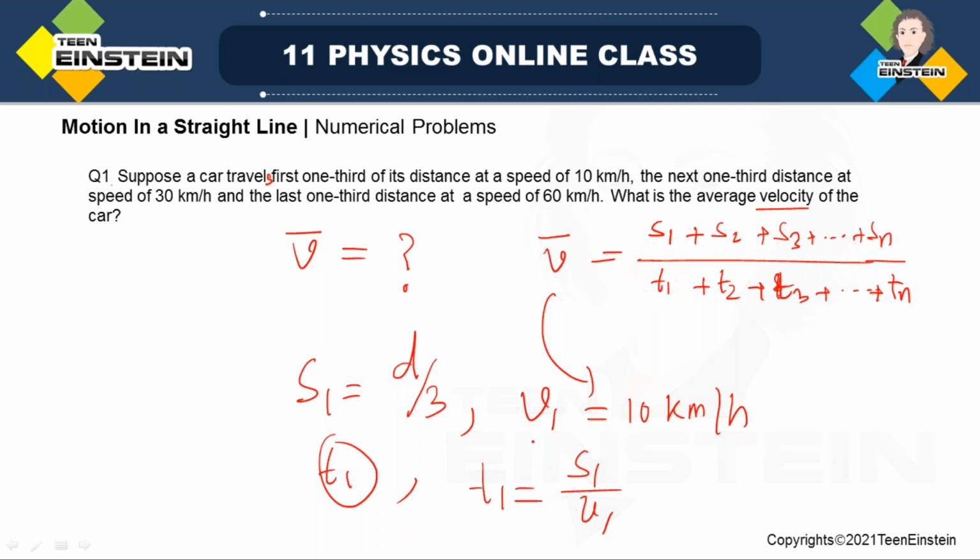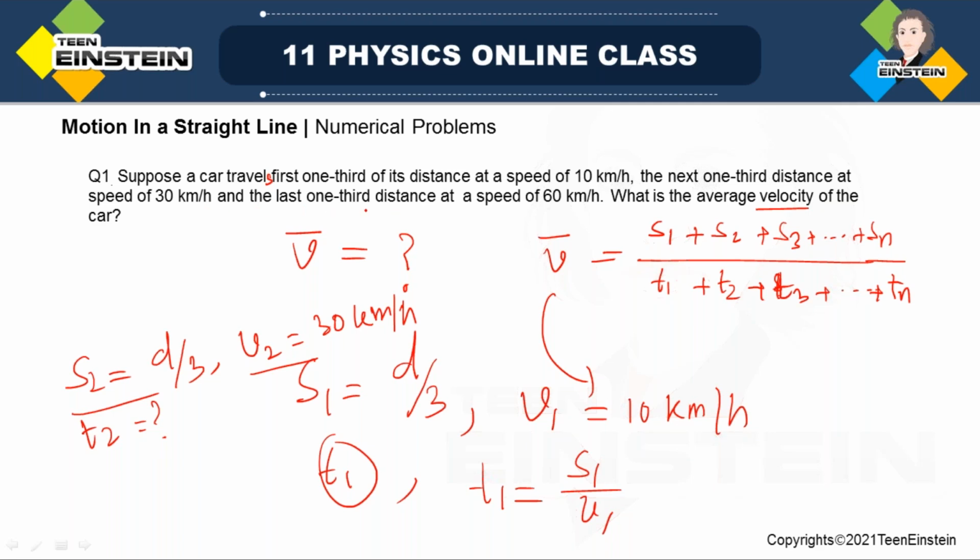Do you understand now? For the second, the next one third distance, that means s2 is another d by 3, traveled with a speed v2 given as 30 kilometer per hour. From these two pieces of information we can find t2, right?